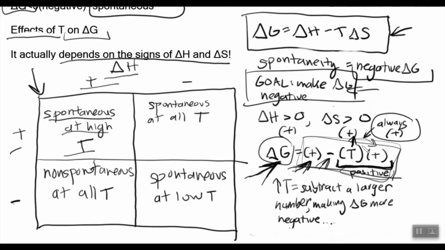And once we increase it enough at high temperatures, this term will become very large because T will be very large, and you're multiplying by a positive number, and you're subtracting by a very big positive number. So you're going to make this side very, very small. And when I mean small, I mean as negative as possible.